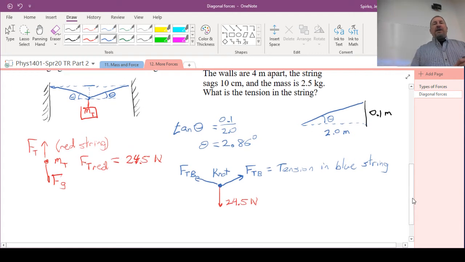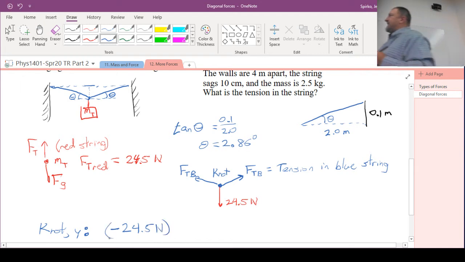So now we can do F equals MA on the knot. Let's analyze the y direction. I have the minus 24.5 newtons. That's pulling down on the knot. I could call it FT red, but I'm just going to call it negative 24.5.